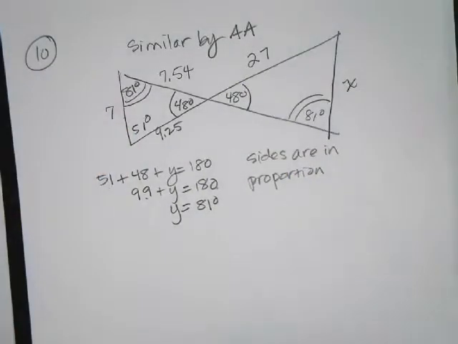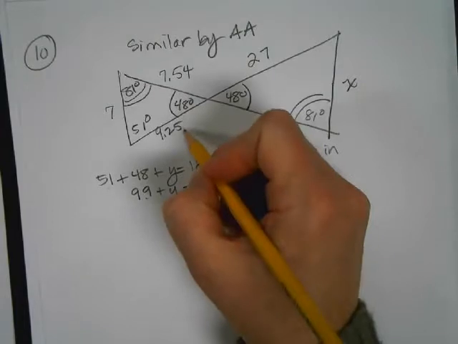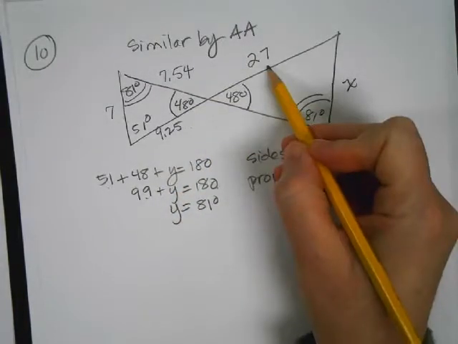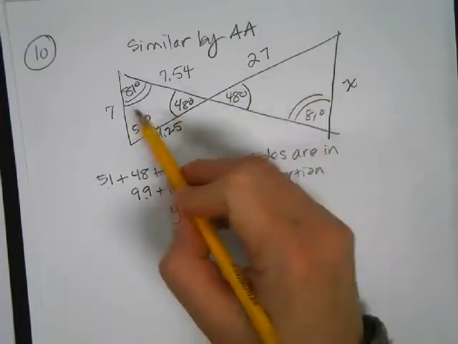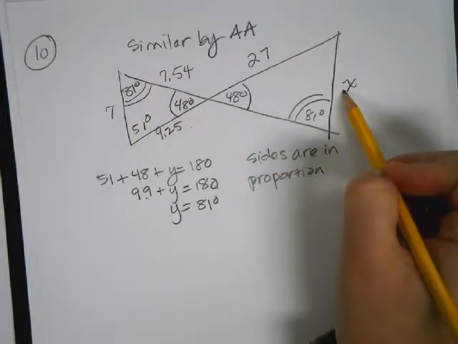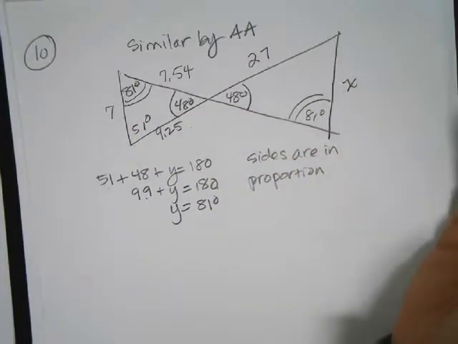So again, you can do scale factor. You can say, what am I doing to 9.25 to get 27? Figure that out, and then just do the same process with 7. I'll do it that way, or you can set up a proportion.